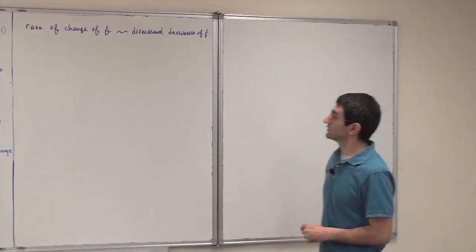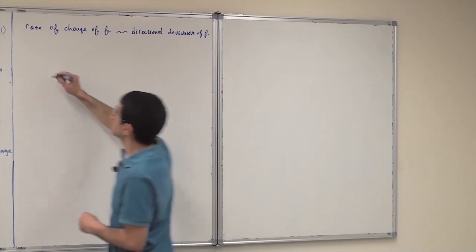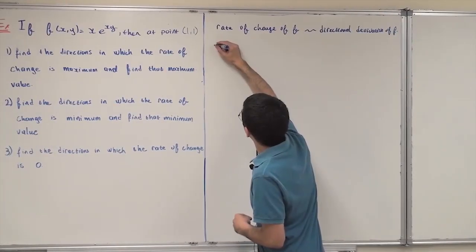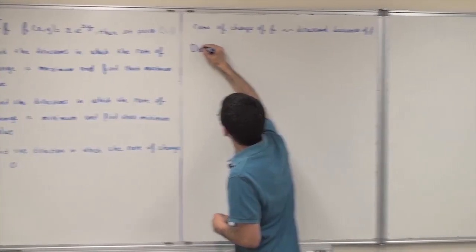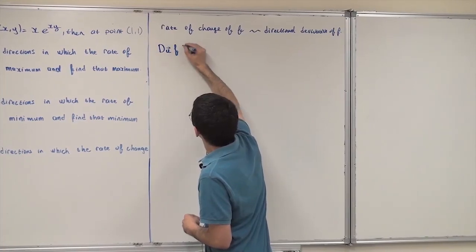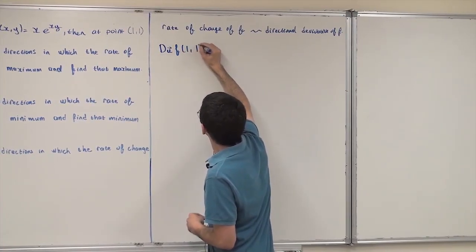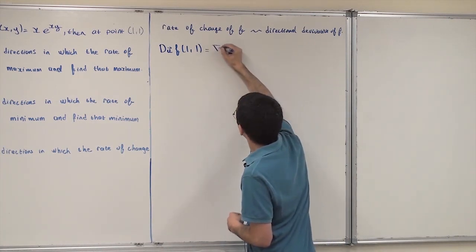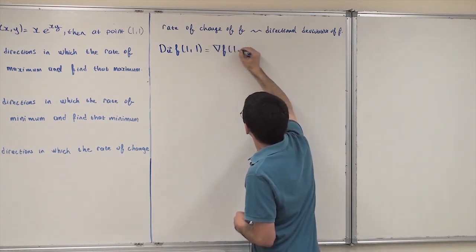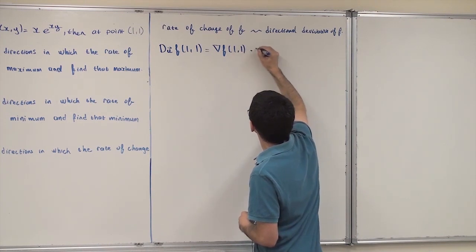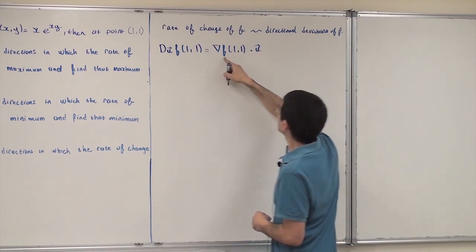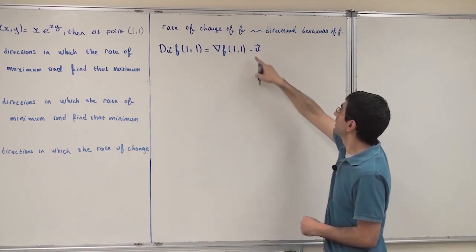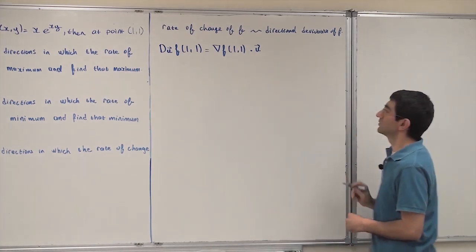So we are going to find the directional derivative of f first, and we are interested in this directional derivative at the point 1, 1, and it is equal to the gradient vector of f at the point 1, 1 dot product the unit vector.